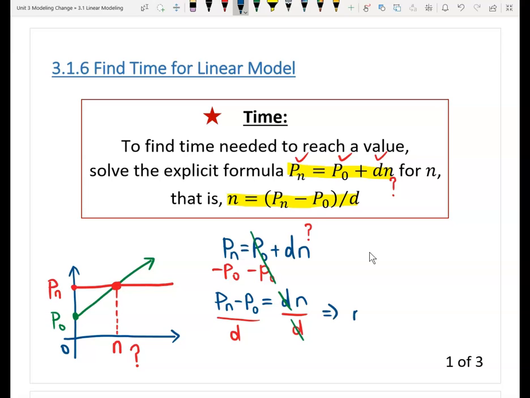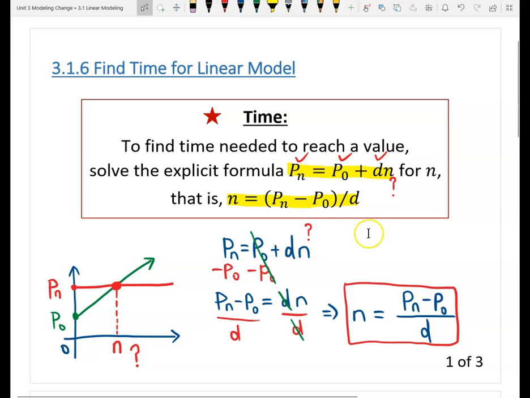We get n on one side, and on the other side Pm minus P0 over d. Can you see? Is this the formula? Yes, definitely. So this is the formula.